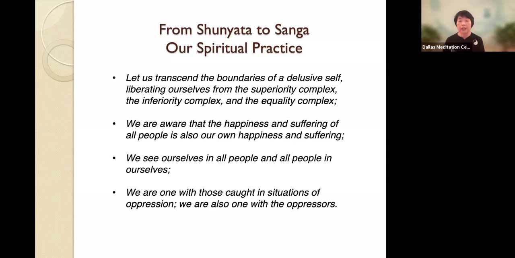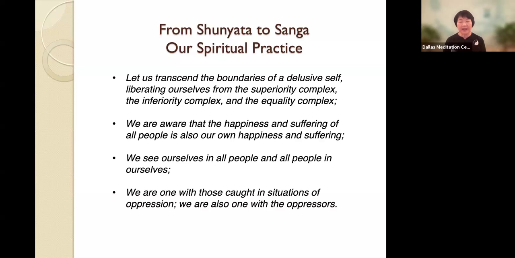Sometimes it still kind of strikes me. Why should we transcend all these boundaries, including the equality complex? If we transcend all these complexes, what do we have left? Probably go back to non-self.